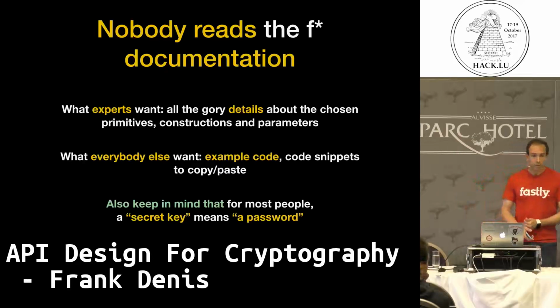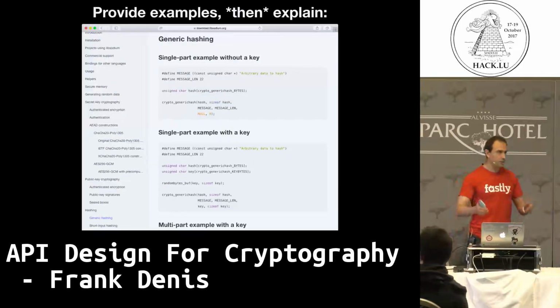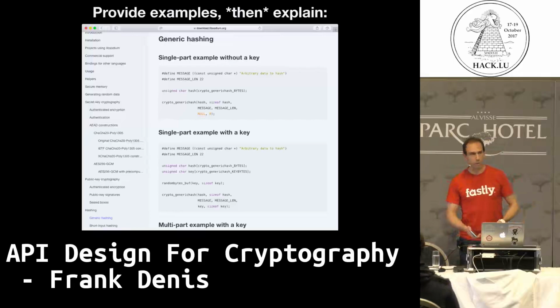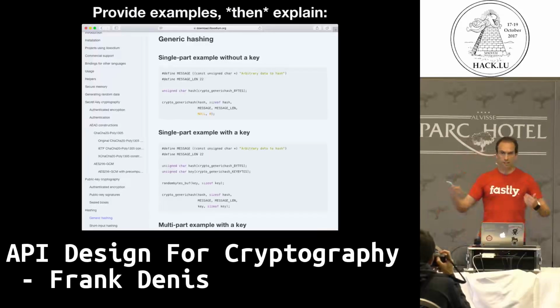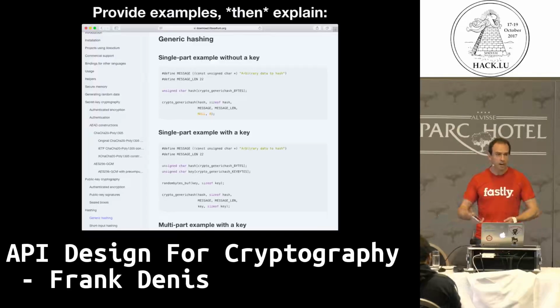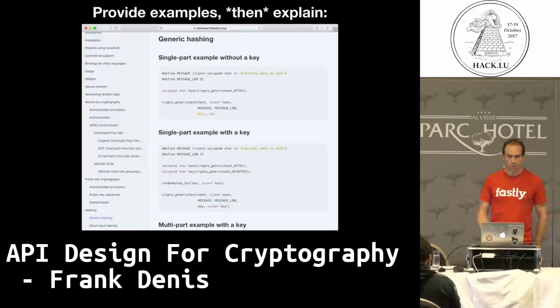So in the documentation of your library, it might be a good idea to actually start with code snippets. Even before describing what the function does and how it works, start with code snippets that people can actually copy and paste. And actually just looking at this kind of code is a very, very good way to understand how everything works. So that's a way to structure your documentation so that people can get started really quickly.